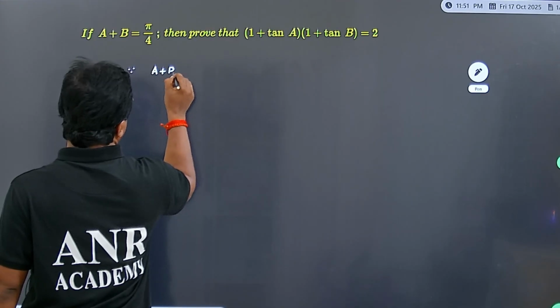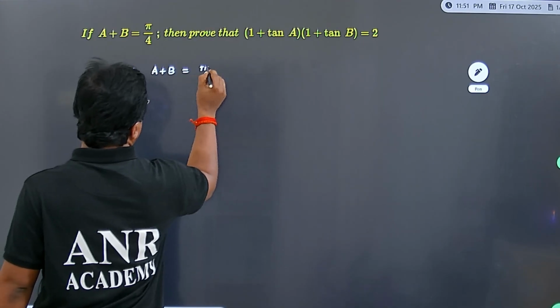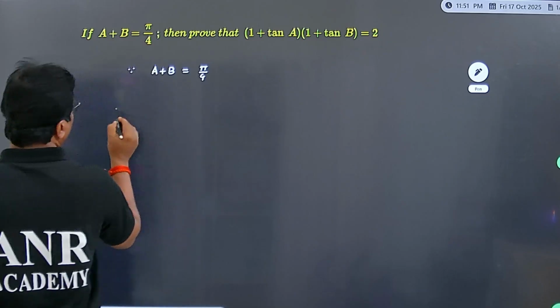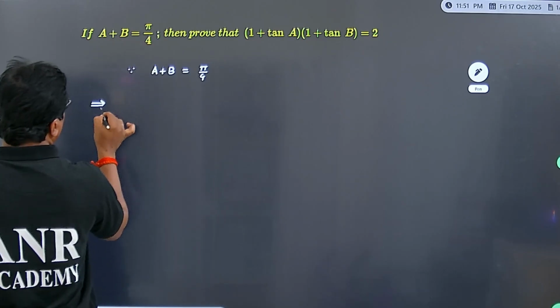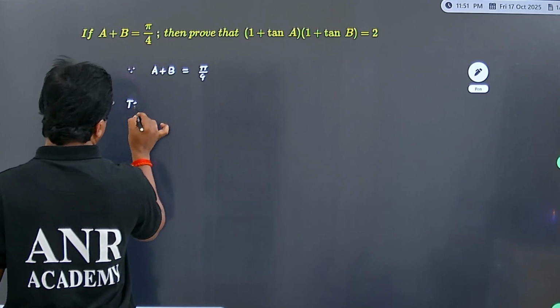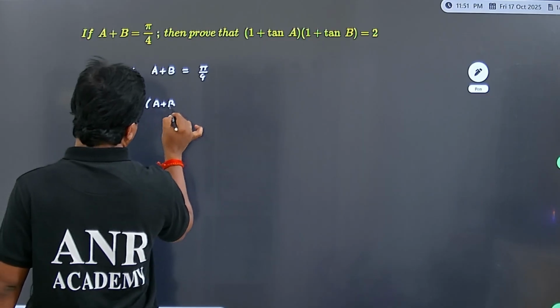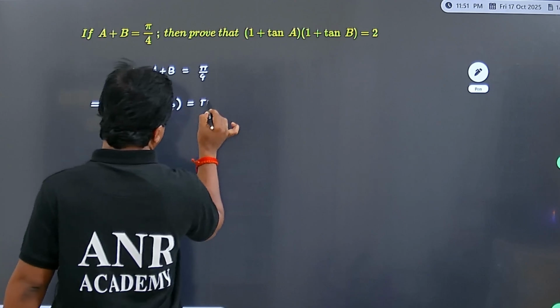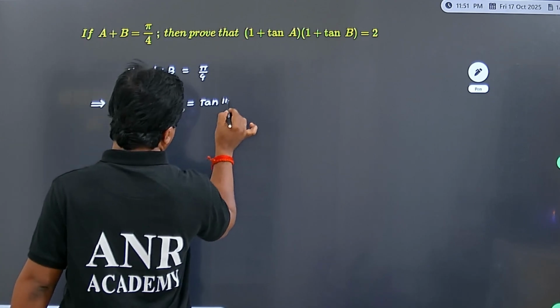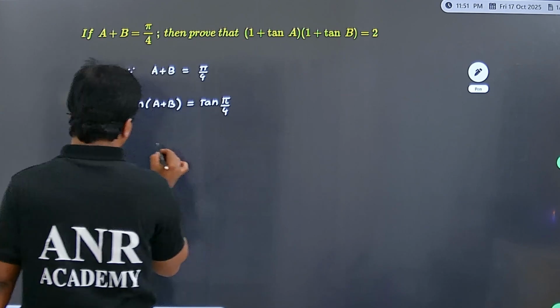Since a plus b equal to pi by 4, applying tangent on both the sides, tan of (a plus b) is equal to tan of pi by 4.